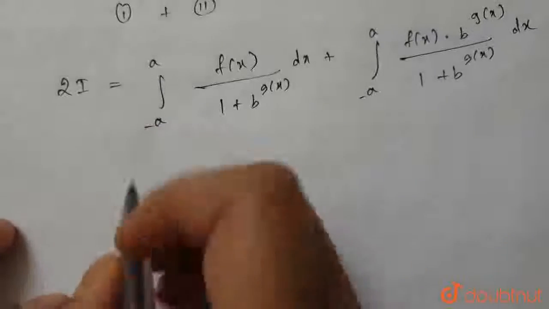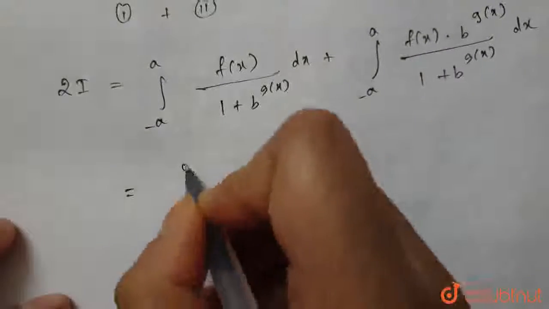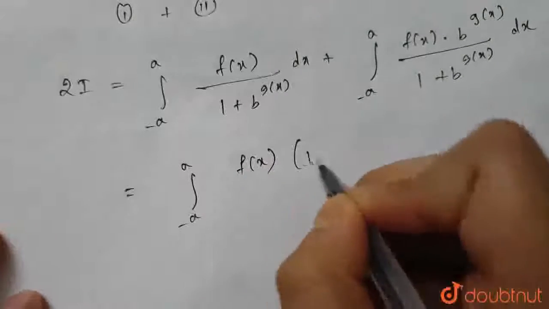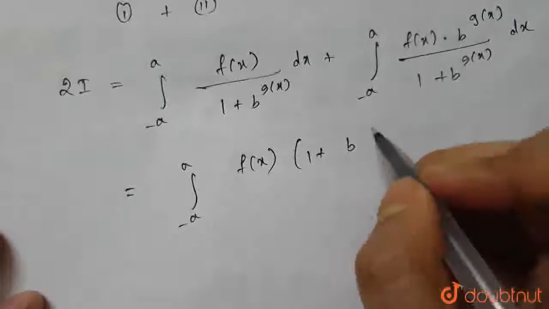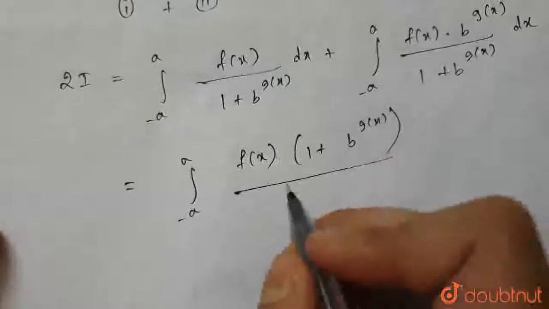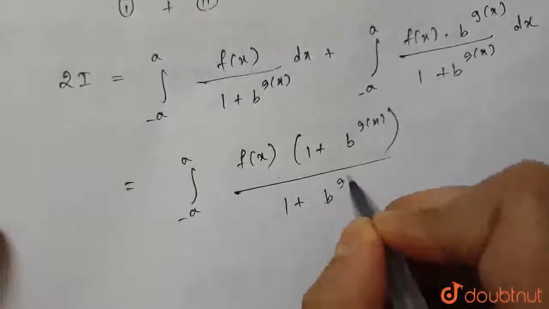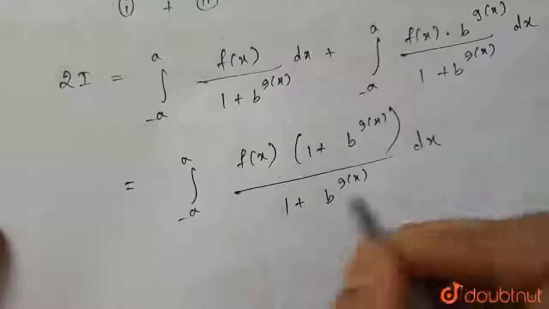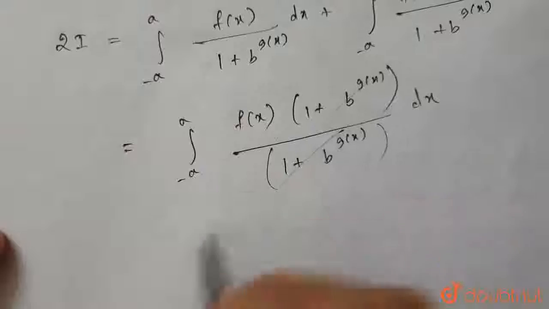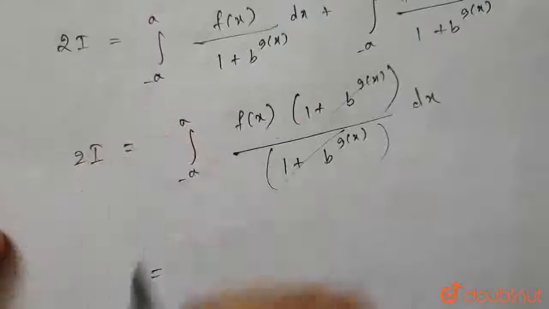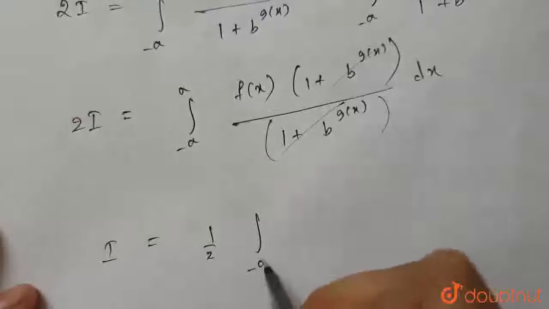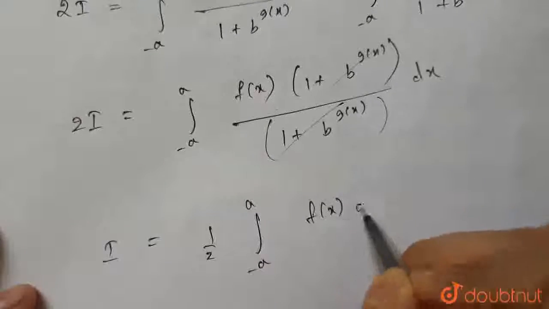Now this equals the integral from minus a to a, after taking f(x) as common, of 1 plus b to the power g(x) divided by 1 plus b to the power g(x) dx. Now these two will get cancelled, and this is 2I, so we can write I equals half of the integral from minus a to a of f(x) dx.